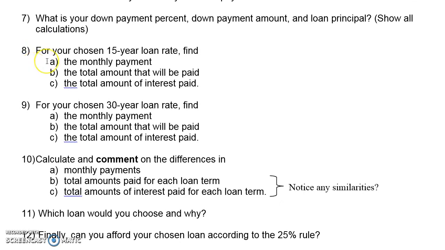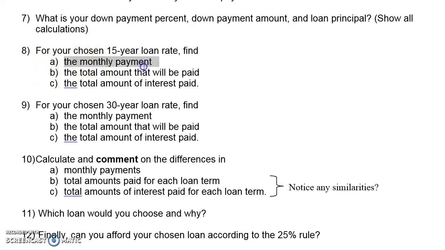So for numbers 8 and 9, you will calculate a monthly payment for each of your chosen 15 and 30-year APRs. Additionally, you will calculate the total amount paid for each loan and the total amount of interest paid for each loan. I will show you how to do all of these things in class once we get to the finance unit. After you've calculated the results of numbers 8 and 9, by the way, it's very, very important that you show all your calculations as directed in order to get full credit.